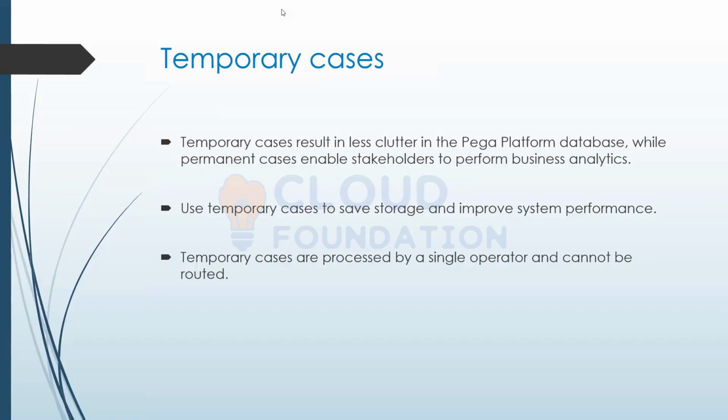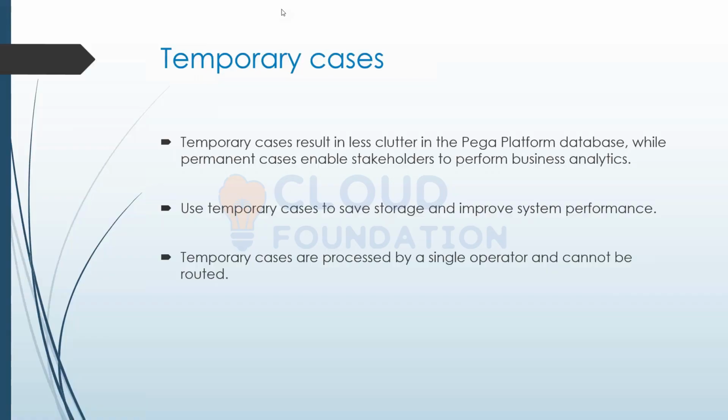And again, there is no point having all cases as temporary cases. Then it means there is nothing on your DB. Everything is on the clipboard. Again, that is also not good. All cases should not be temporary throughout.